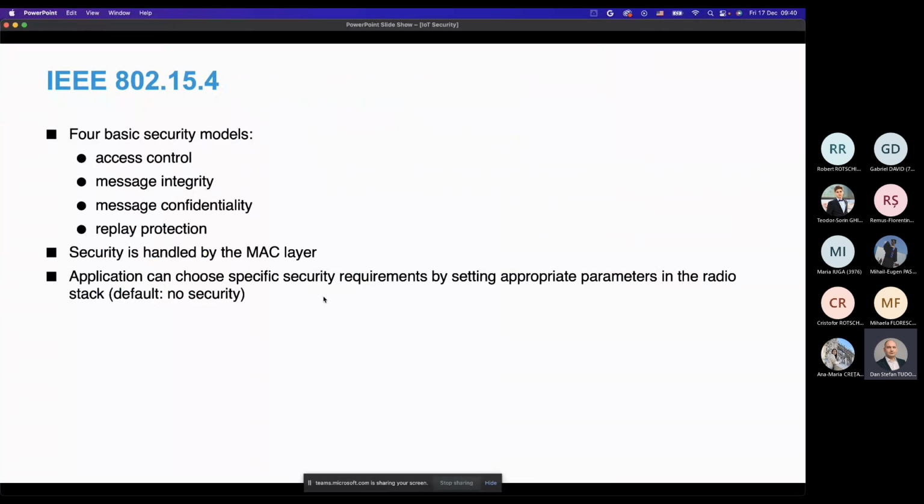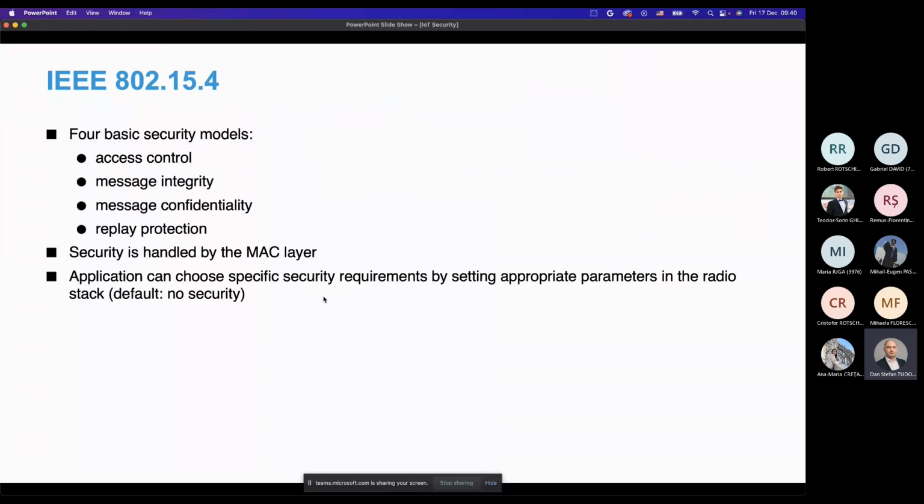For example, IEEE 802.15.4 as a standard is very popular and provides 4 basic security models: access control, message integrity, message confidentiality, and replay protection. Security in 802.15.4 is handled by the MAC layer, and an application can choose specific security requirements just by setting appropriate parameters in the radio stack.